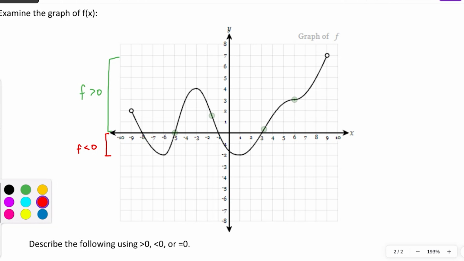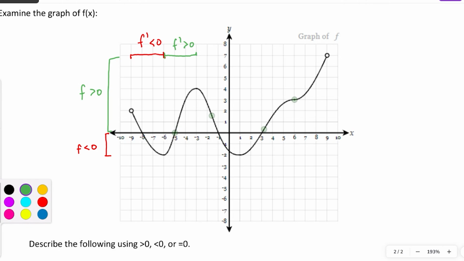So from -9 to -6, we can say that in this interval, the derivative, f prime, is negative. From -6 to 3, the derivative is positive, right? You can see the slope's going up. It's increasing.